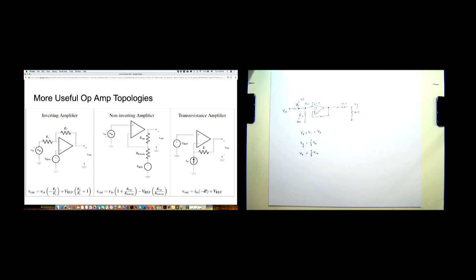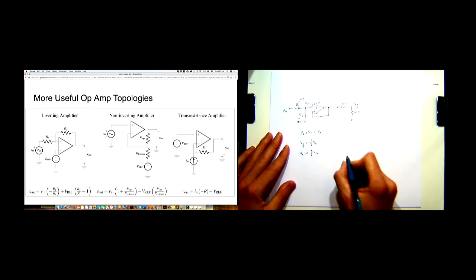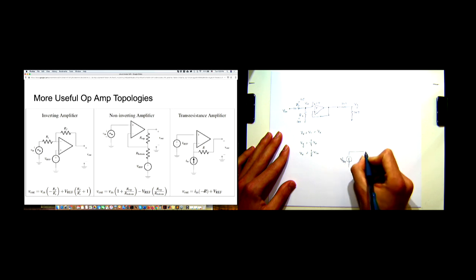Perhaps I can draw the circuit analysis for this one. So this is Vref. This is I in.